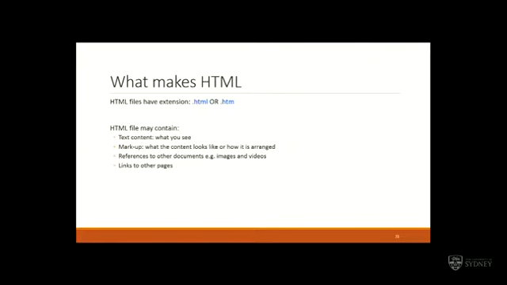We can have references to other documents and files: references to images, videos, other HTML pages, other resources either on the web or on your computer. And also hyperlinks to other resources on the web.